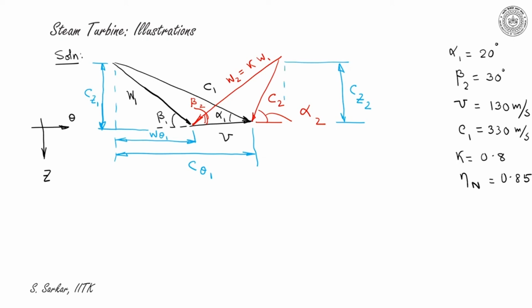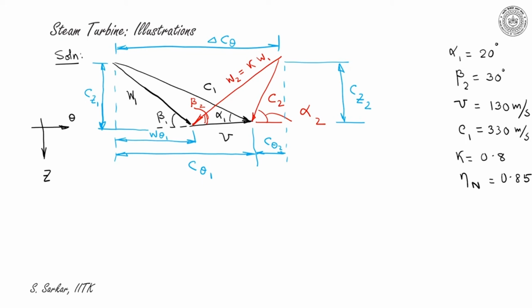Furthermore, in the exit velocity triangle, this should be C theta 2. And C theta 1 plus C theta 2 is del C theta. Thus, I have completed the velocity triangle.